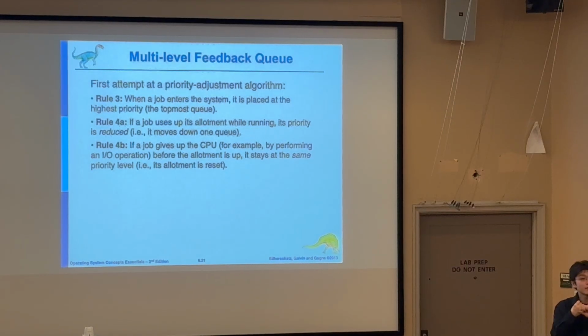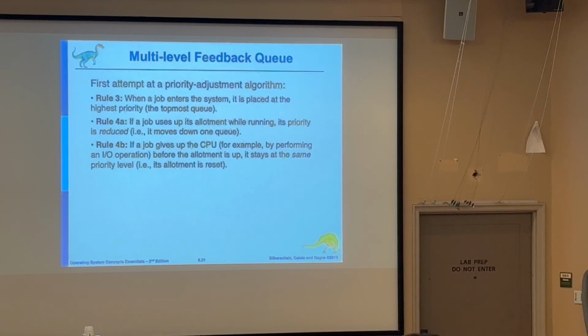What's the reason? It's going to do I/O. Right? If a process says, I'm going to do I/O, and my time slice is, let's say, 2 seconds, I use the CPU for 1 second, but now I'm going to do I/O. This is when a process gives up its CPU voluntarily.